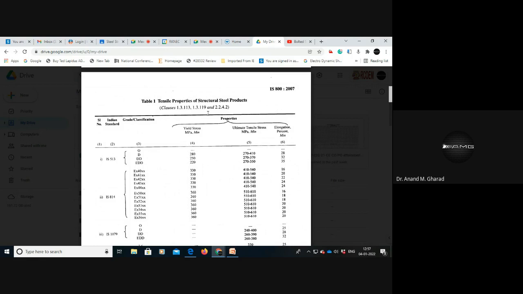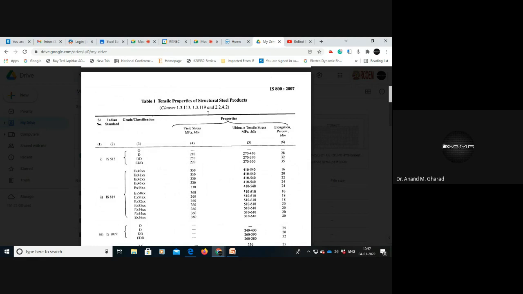Okay, so whenever you are using any kind of equation, whenever you are using any material property, you should be in a position to tell from where you have considered that value. That is very important, and we will make a practice of it. Whenever we solve any numerical, we should write the references.